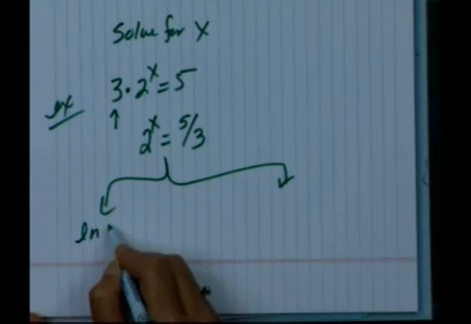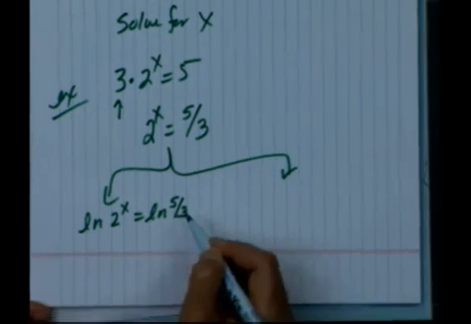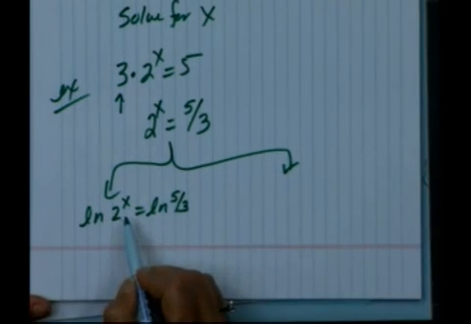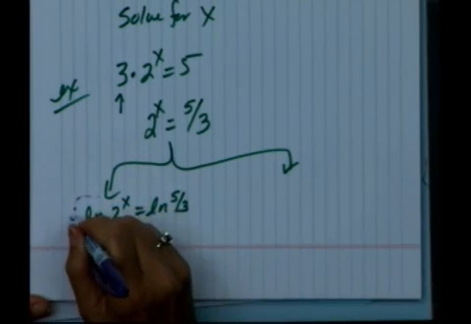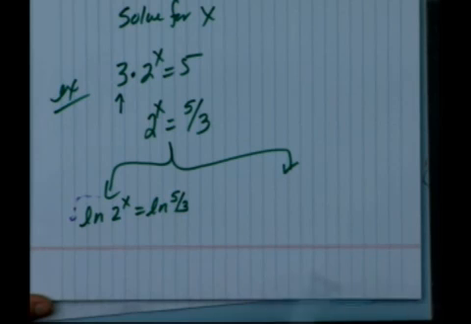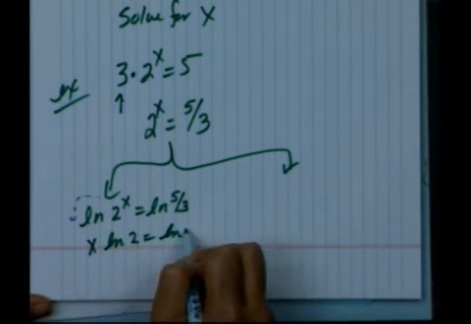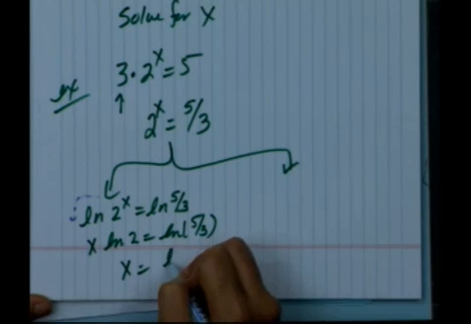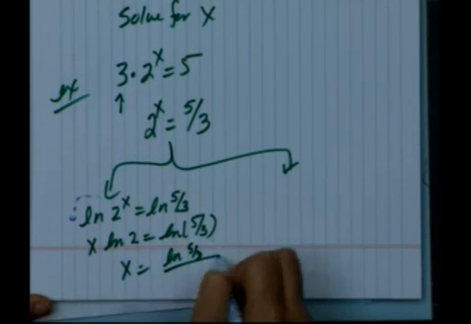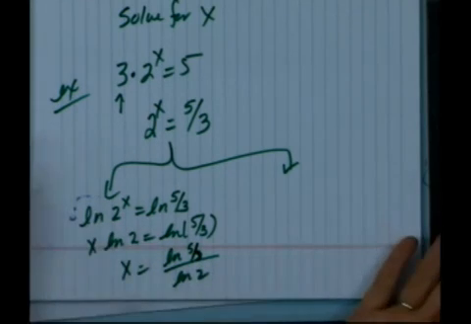Just take the natural log of both sides. What's my next step when I do that? Just bring that little x in front, right, using your properties of logarithms. That's x natural log 2 equals natural log 5/3. So x then is natural log 5/3 divided by natural log of 2. And that's an exact value.